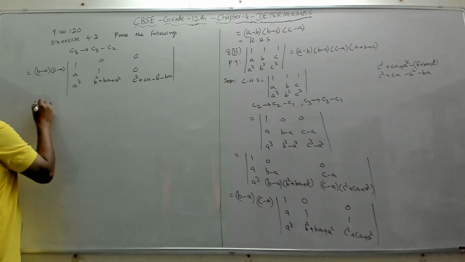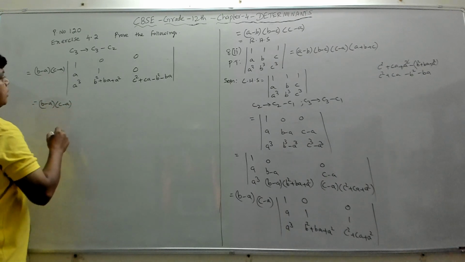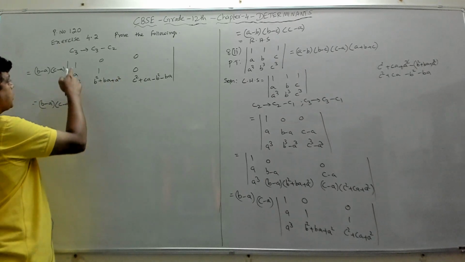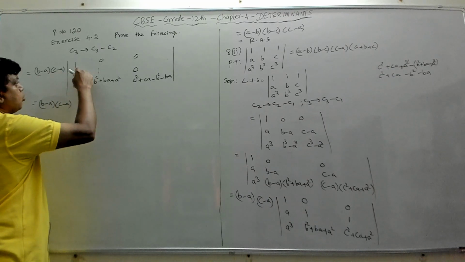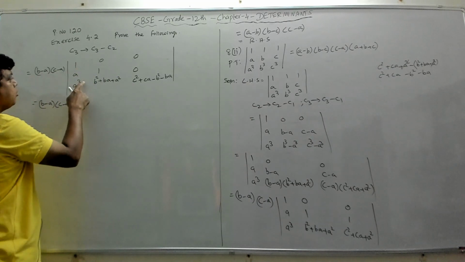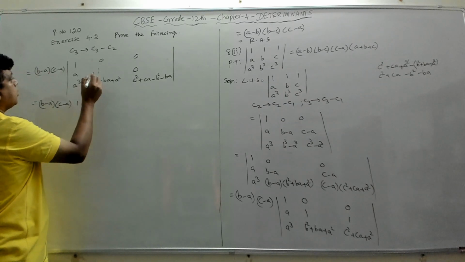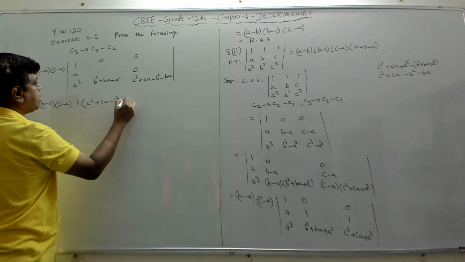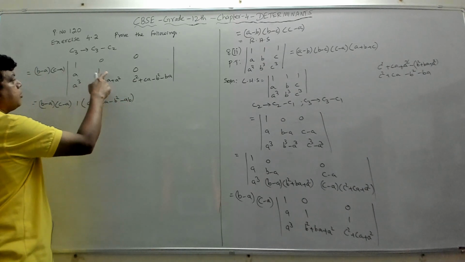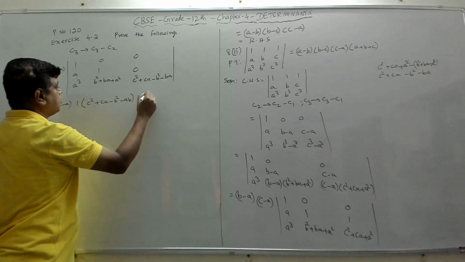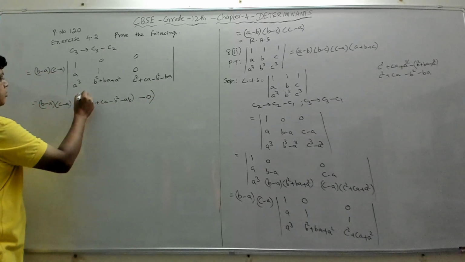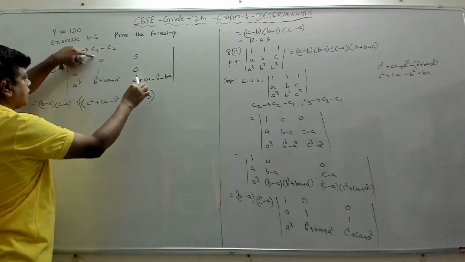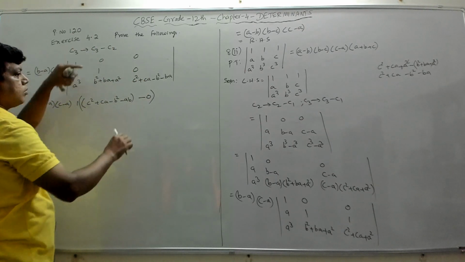B minus A into C minus A, or we can even expand this. So if you expand this through row 1, that will be equal to 1 into this into this, which is C square plus CA minus B square minus AB, right, this into this minus this into 0 is 0.